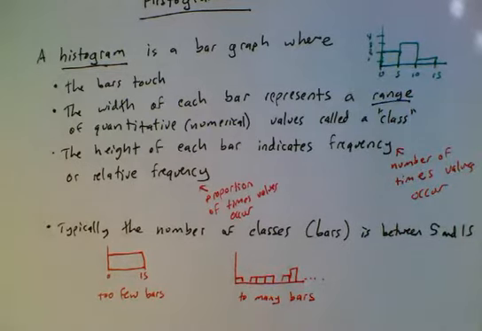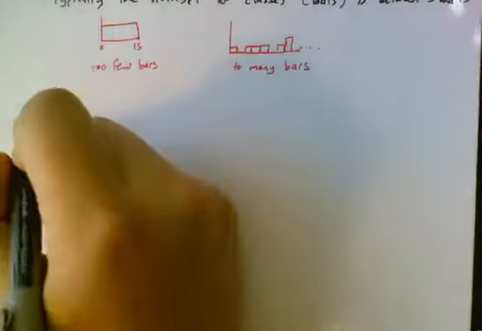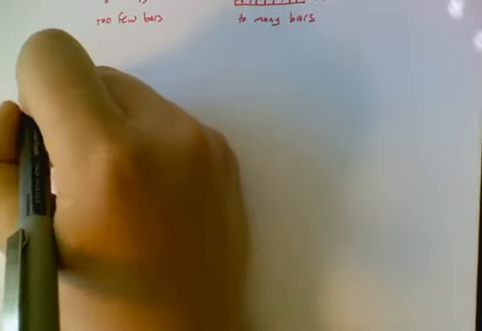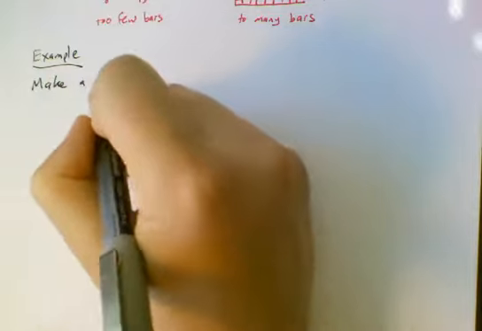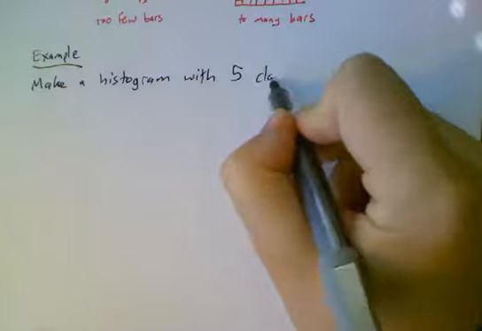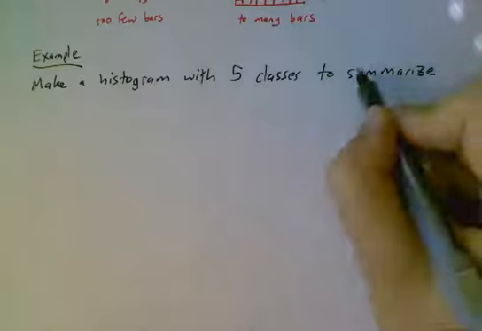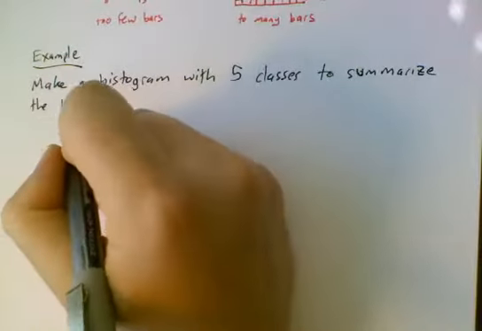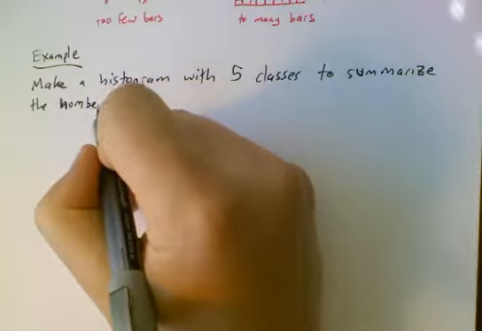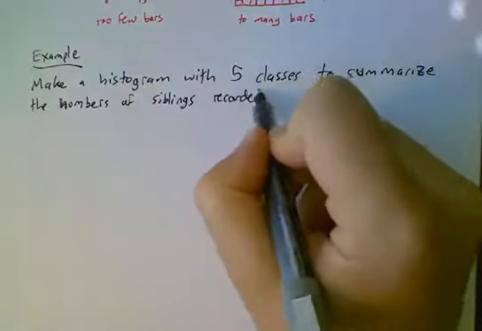So let's do an example. Make a histogram with 5 classes to summarize the number of siblings recorded below.